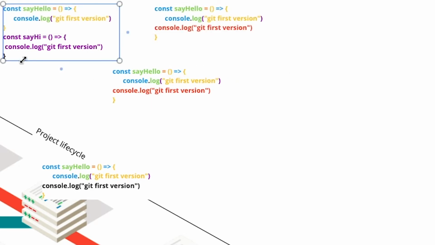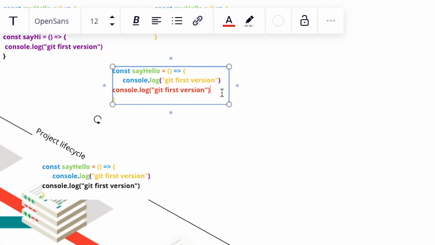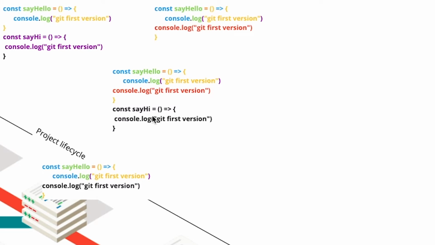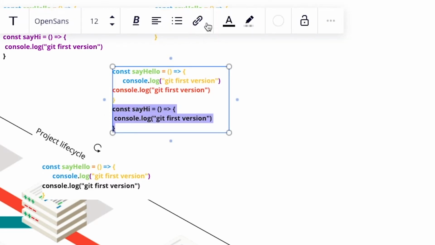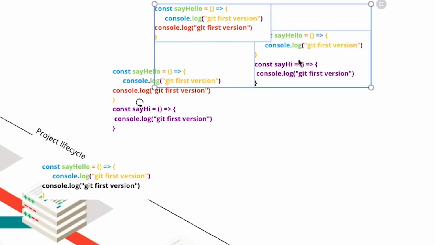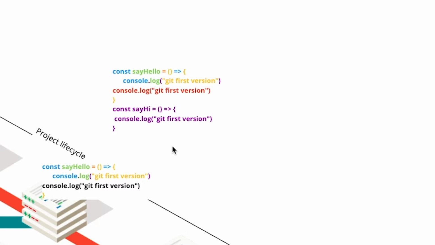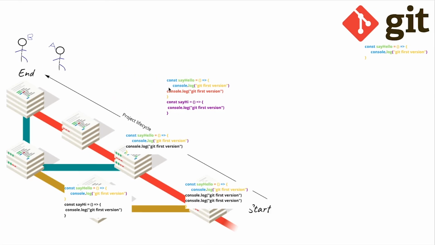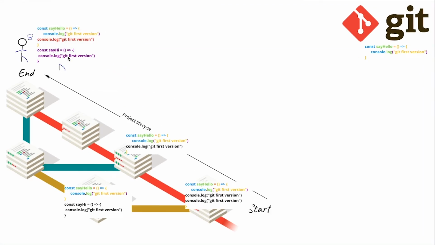Okay, and it looks like we have a new function added by person B. So, and now let me color this out again. Okay, so now we have both these files combined, and they are combined by Git.